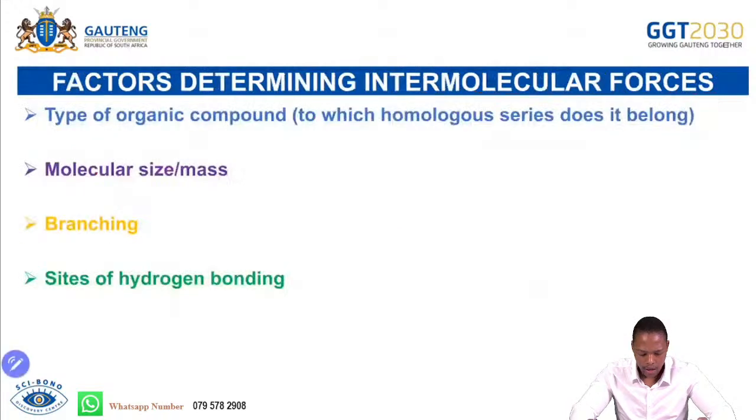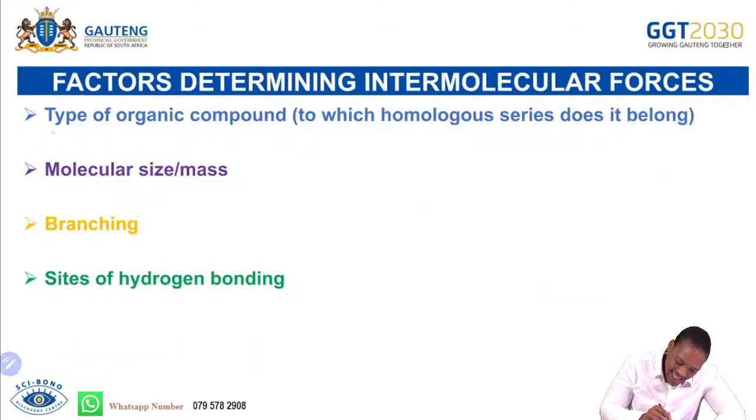Let's look at the factors that determine the intermolecular forces. Given a compound, you want to determine which homologous series, and which intermolecular forces, you will find in this compound. What are you going to look at? These factors are going to help you.